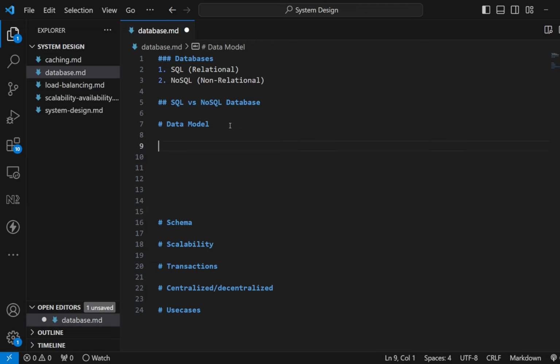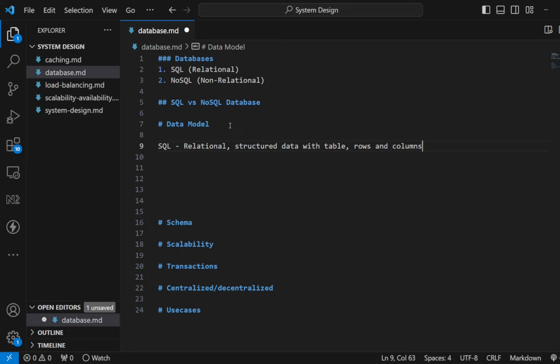Here SQL has relational, structured data with tables, rows and columns. So SQL has a relational model with tables, rows and columns, and here data is in structured format and it follows a predefined schema.